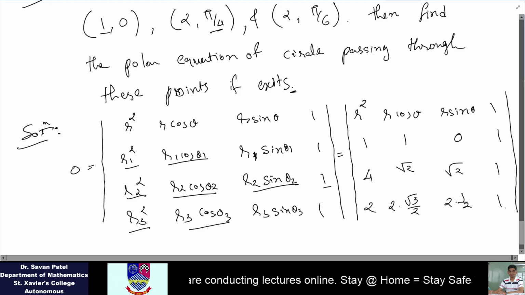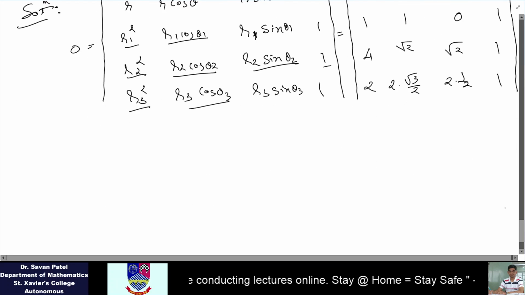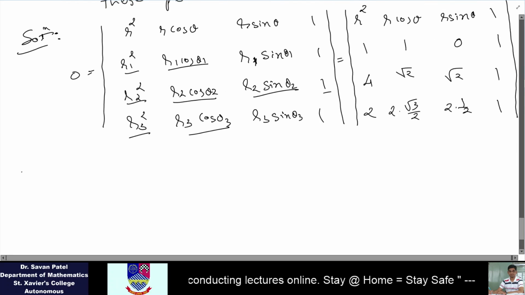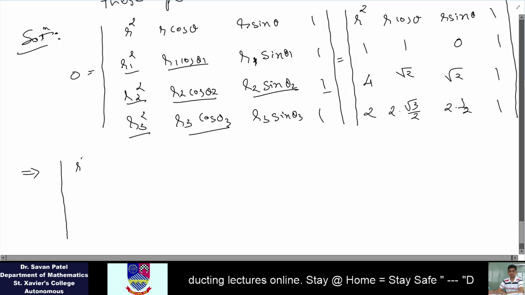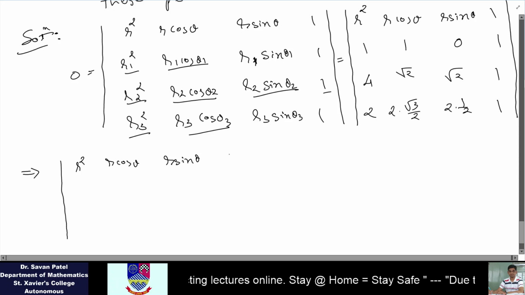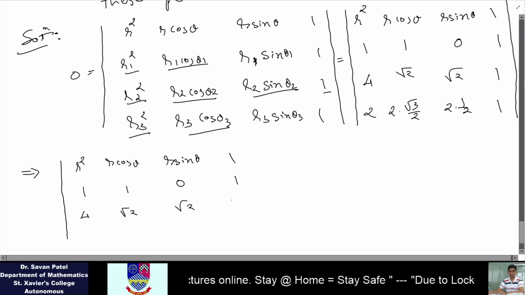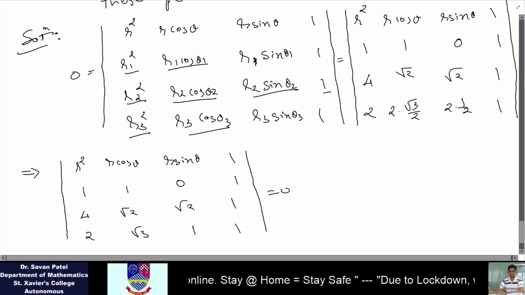So we want to check that this determinant must be 0. So that implies the determinant of r square, r cos theta, r sin theta, 1; 1, 1, 0, 1; 4, root 2, root 2, 1; 4, root 3, 1, 1 must be 0.